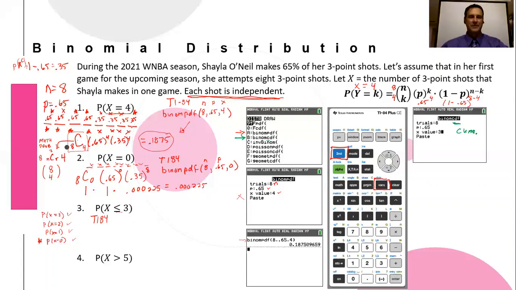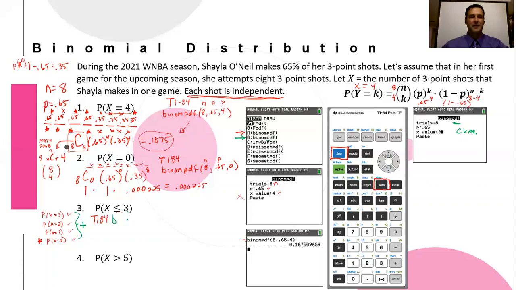So this is a good example of that. I'm not just looking at the 3, I'm looking at the values also below 3, which include 2 and 1 and 0. And once I find them all, I will take all those answers and add them up. Now this will do it in one nice big shot for me, so I don't have to do a ton of work.